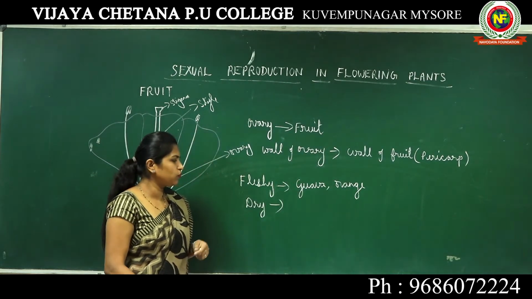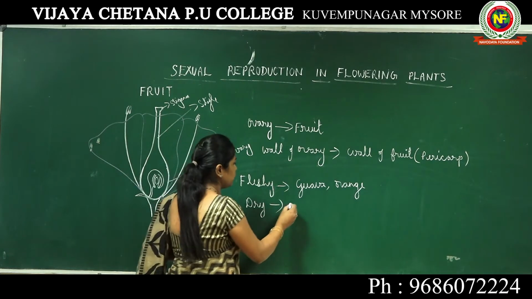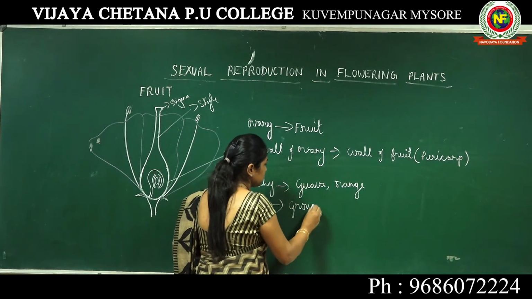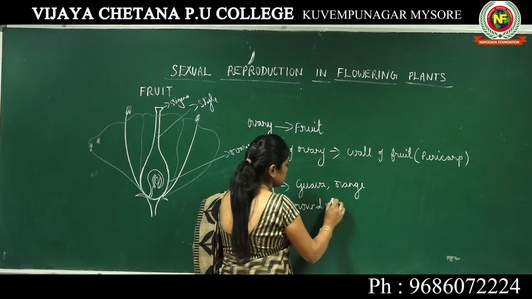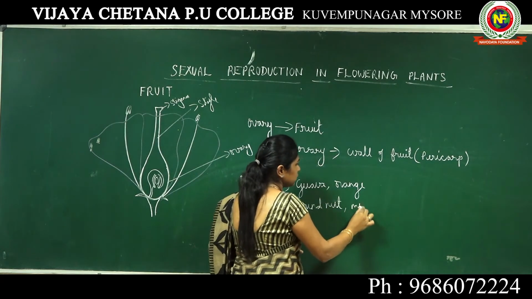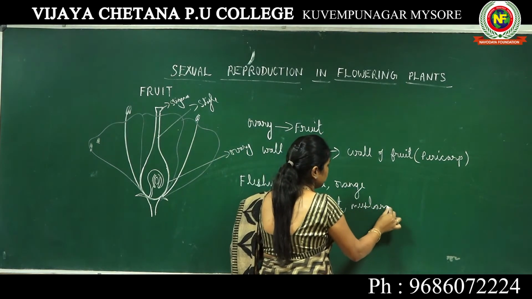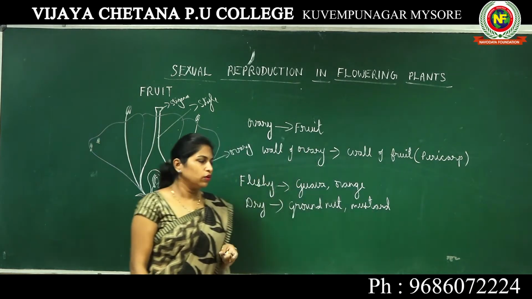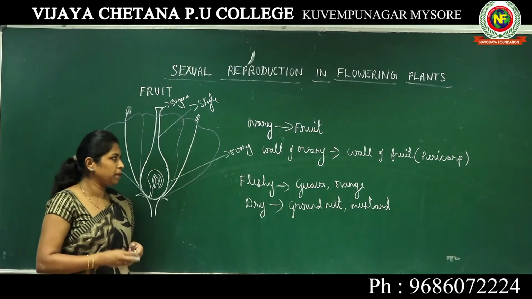Dry fruits are the fruits which you find very dry. For example, groundnut, and mustard, the fruit that you get in mustard plants. They are also very dry.